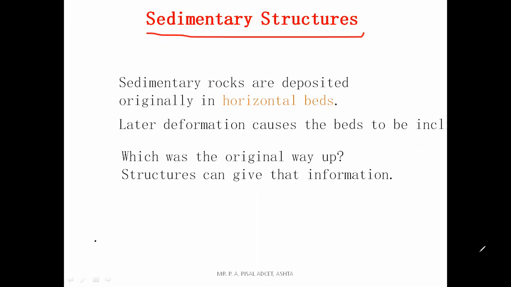Yes. It means at the time of deposition of the sediments at the bottom of a river course, all the sediments are deposited in horizontal beds or layers. Just I will show you how. Suppose this is the river water flowing in this direction. These are the sediments present in this river course.